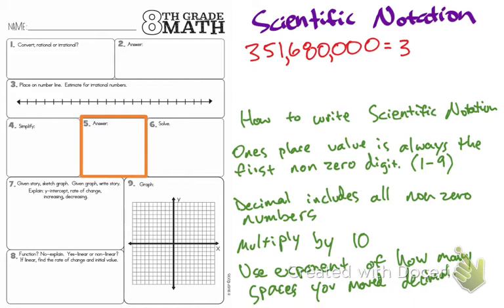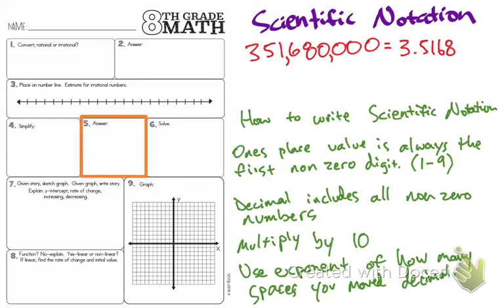Then I'm going to write a decimal and include all of the non-zero numbers that were after that first digit, or in this case, after the 3. So I'm going to write 3.5168. Notice this number had significantly more numbers after the decimal than our last example, and that is totally okay.